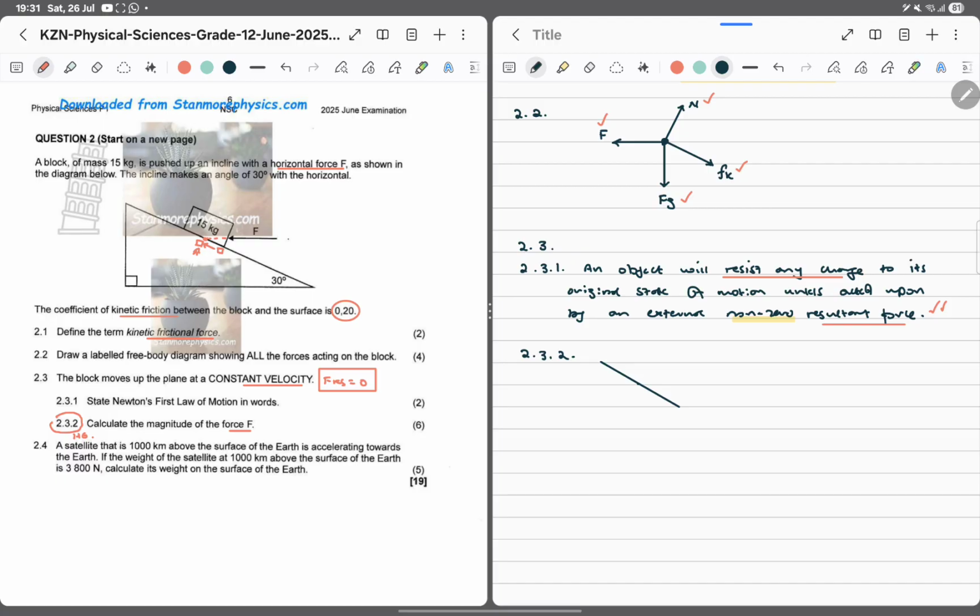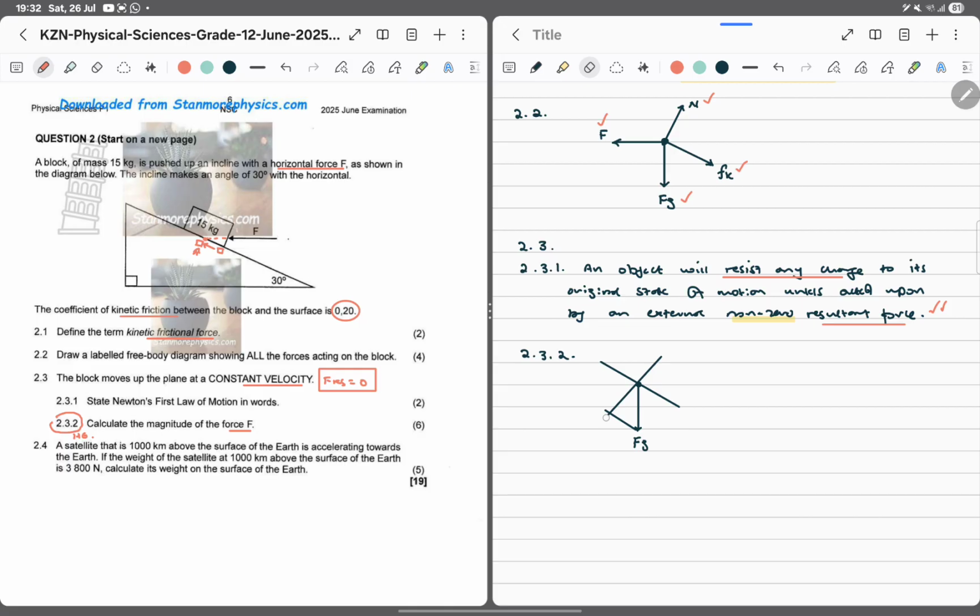We've got our object here with the gravitational force coming down straight like that. Okay. Right. Now, this one has components. It has the perpendicular component and the parallel component. Hope this is parallel, but let's do it anyway.